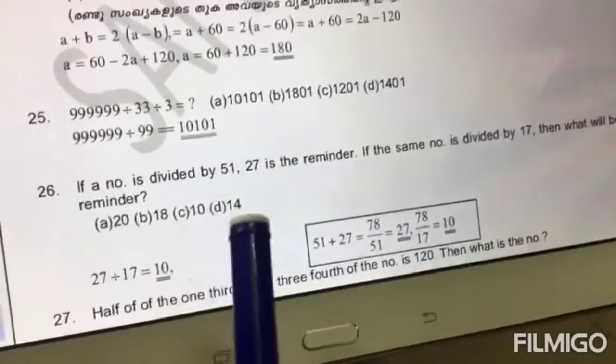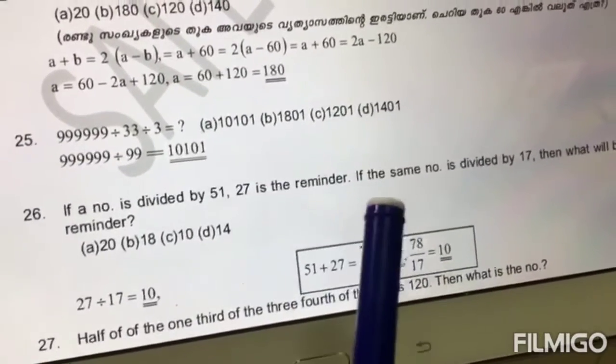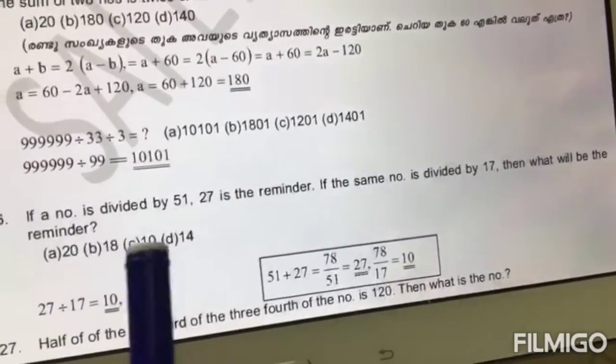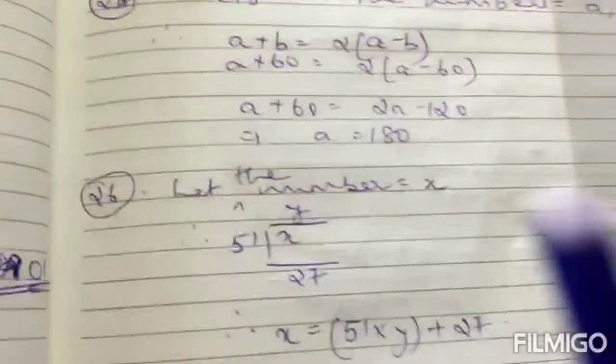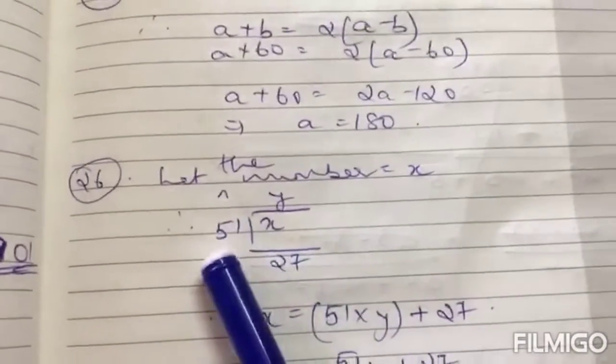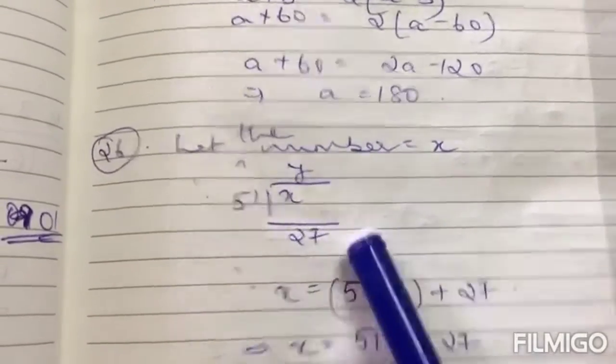Number 26. If a number is divided by 51, 27 is the remainder. If the same number is divided by 17, then what will be the remainder? Okay. Let us assume that the number is x. So when x is divided by 51, let us assume that the quotient is y. We get a remainder of 27.